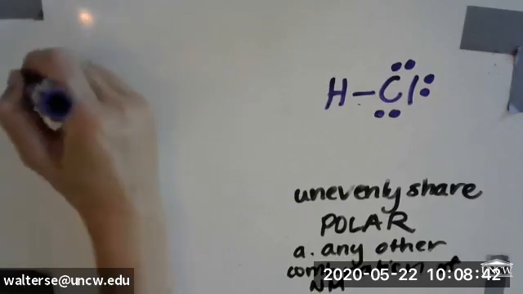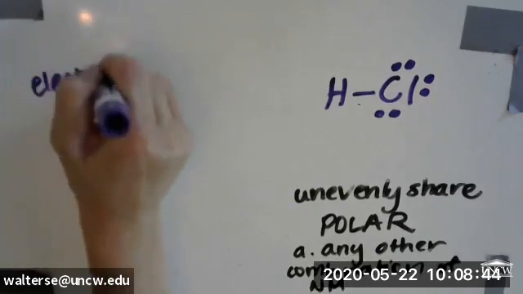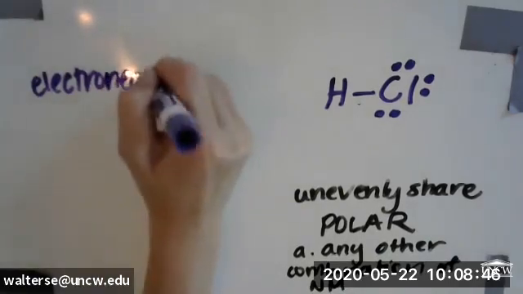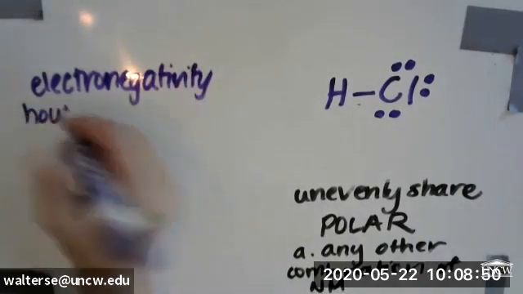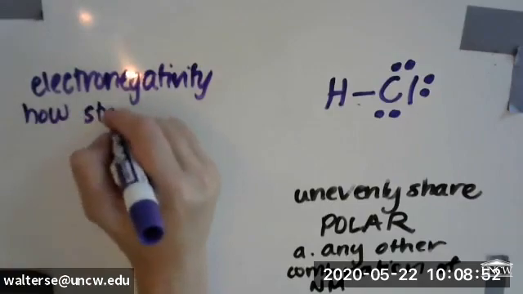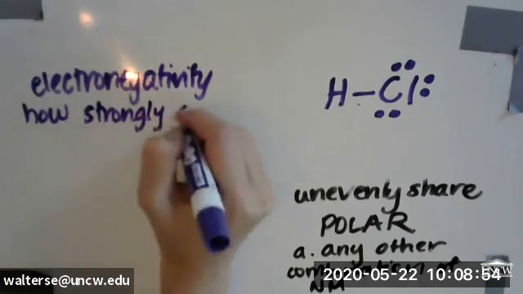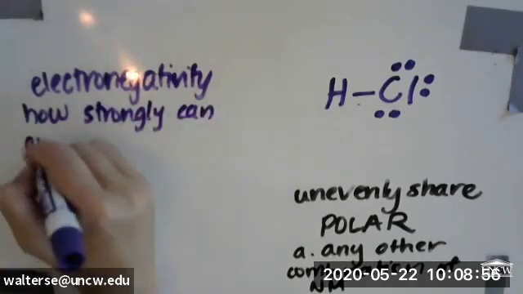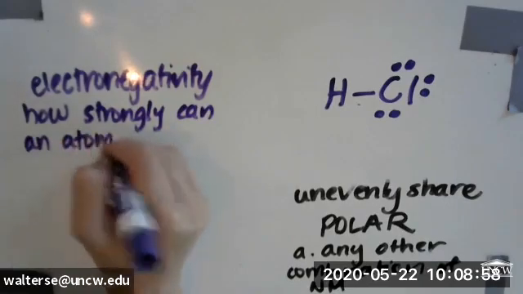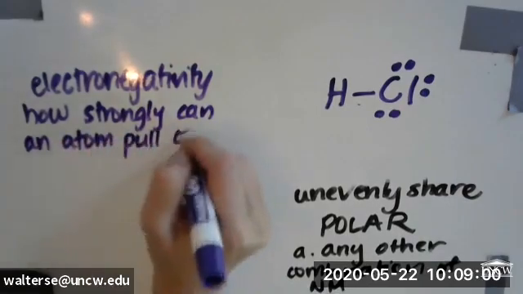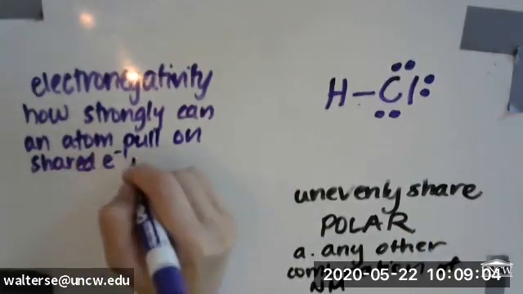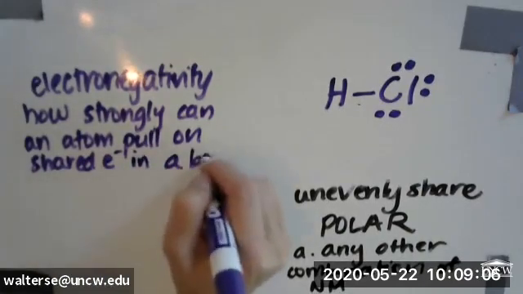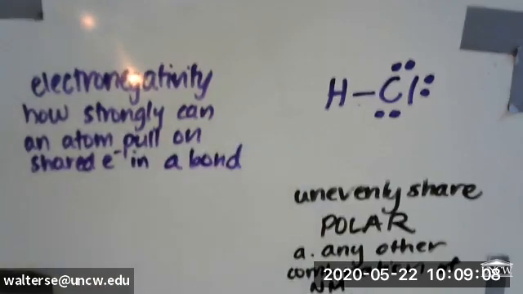So electronegativity is a measure of how strongly an atom can pull on shared electrons in a bond. Okay.